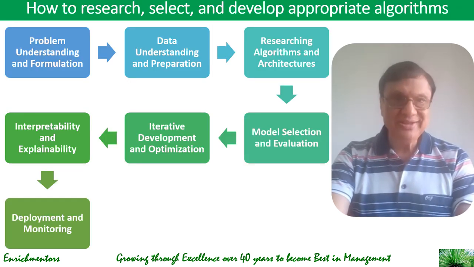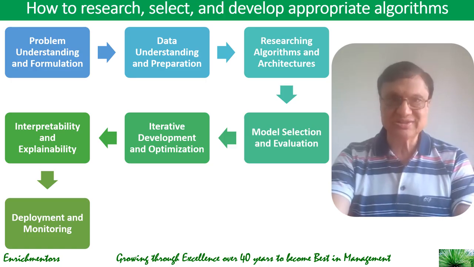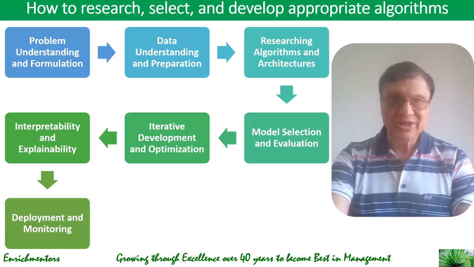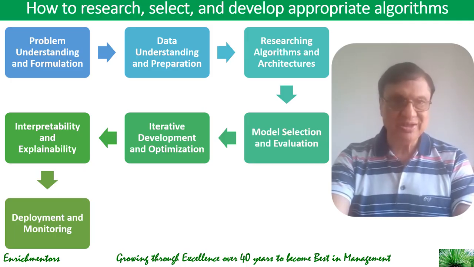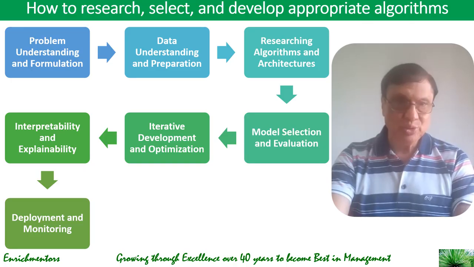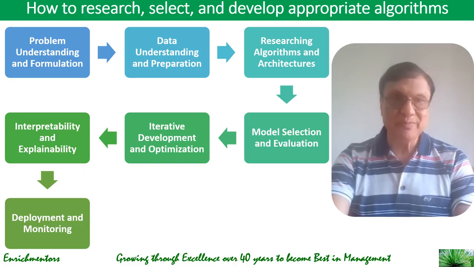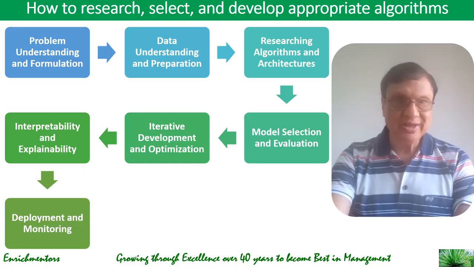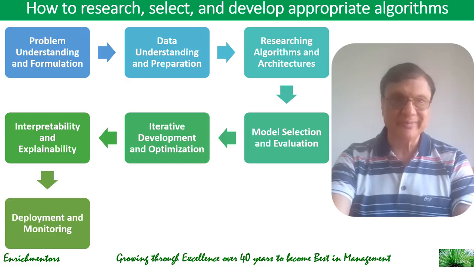So, by following these steps in the whole process of how to research, select, and develop an algorithm, the process of understanding the problem, data pre-processing, researching, interpretive model selection and evaluation, iterative development and optimization, doing interpretation and explainability, and finally deploying, you can develop a machine learning algorithm tailored to the specific problem at hand and characteristic of the available data.